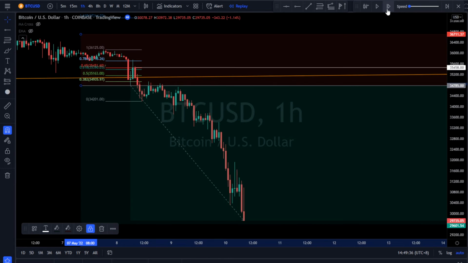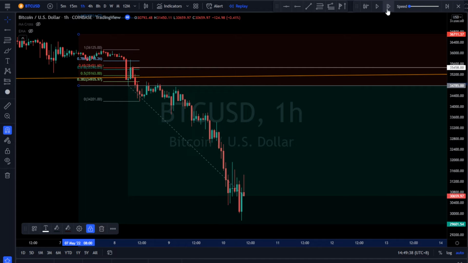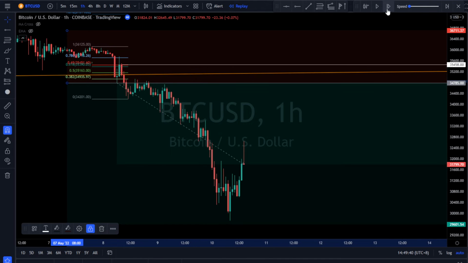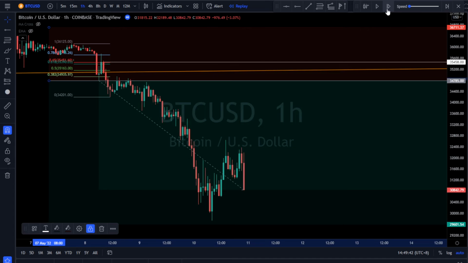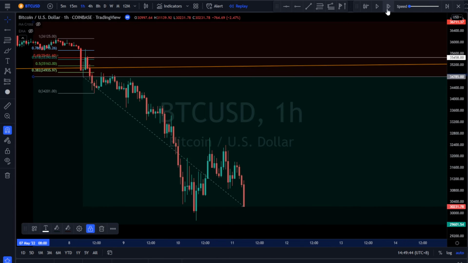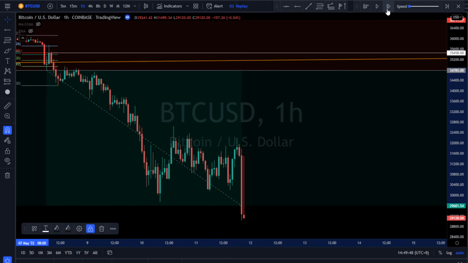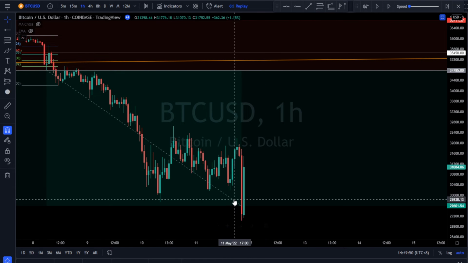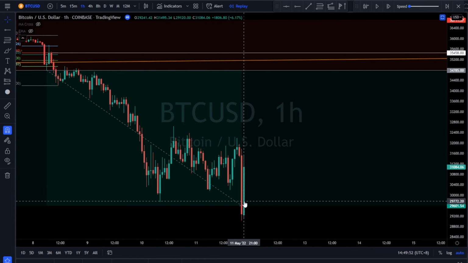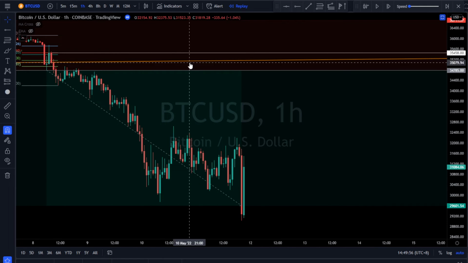There we go. This was painful for a lot of people, and it was quite recent. We took our profits here. So this is a sell side breakout entry.